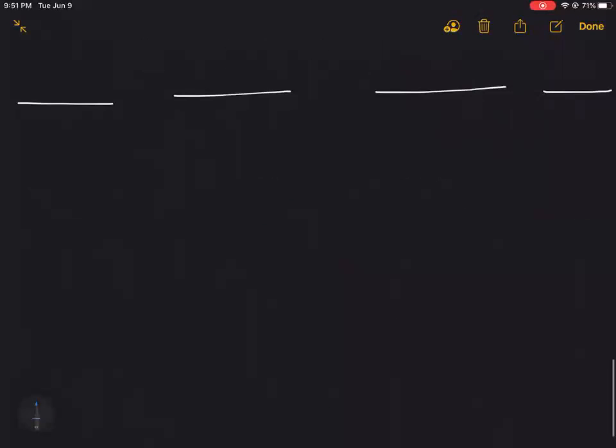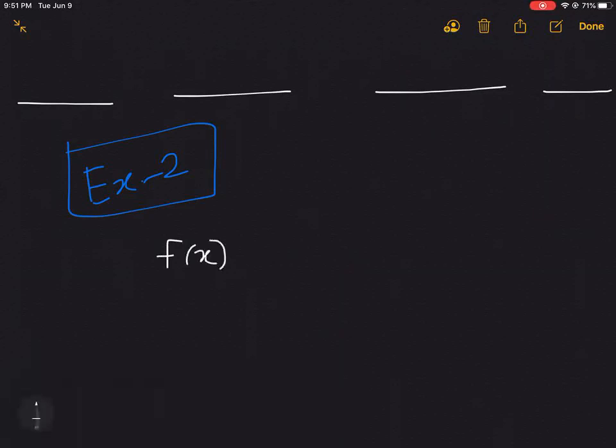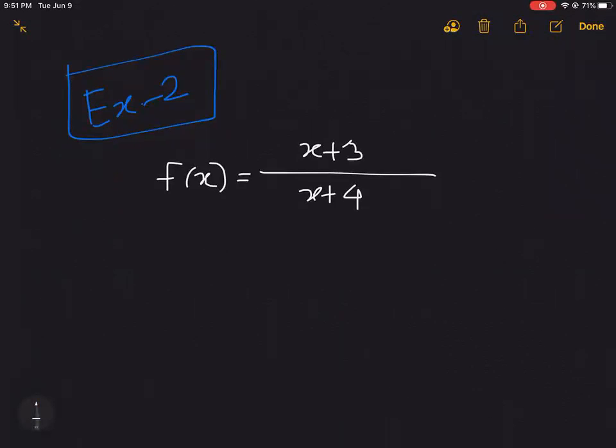We don't need any calculation for it. But let's say we have another example in our hands where instead of a graph, we are given a function, okay? x plus 3 over x plus 4, okay? And from this, we want to find different answers.